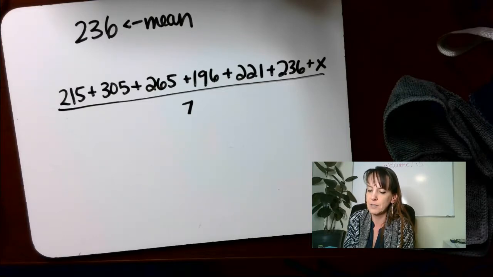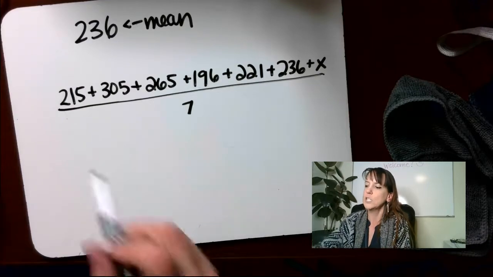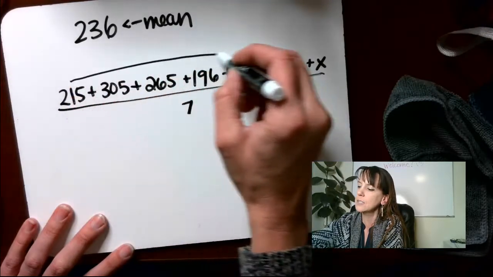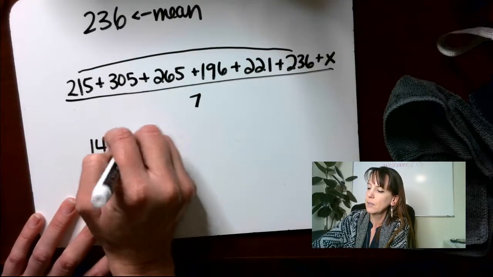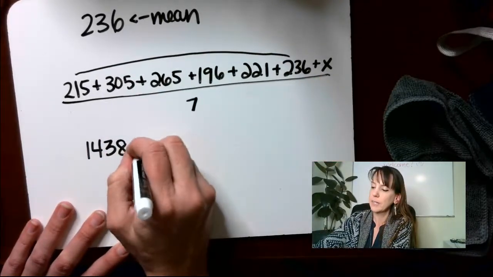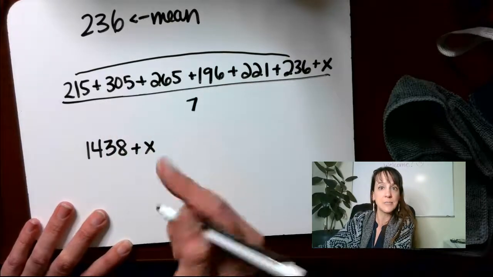215 plus 305 plus 265 plus 196 plus 221 plus 236. If I add up all of these, that gives me 1438 plus that x over there, and all of that is divided by 7.